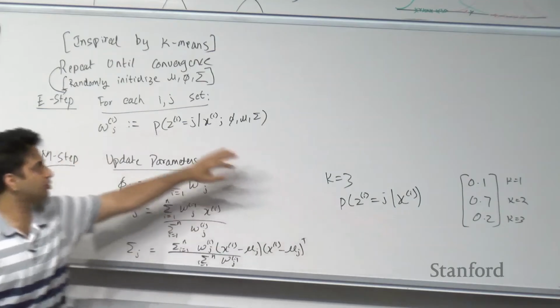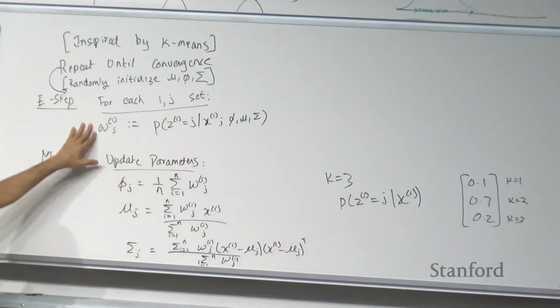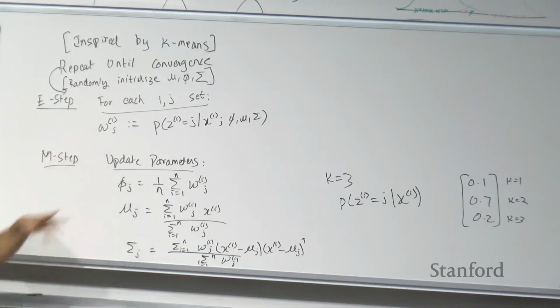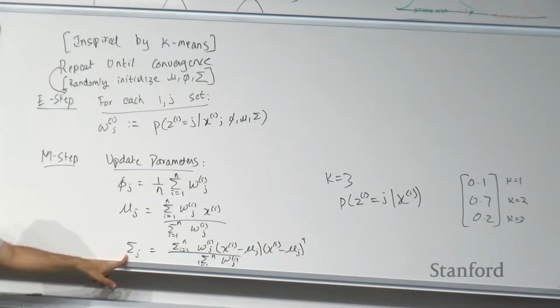Yeah. So for this I would remind you, in the case of GDA, we had calculated a posterior that was very similar, and if you remember, the posterior had the form of a logistic regression. In that case, however, we limited ourselves to two classes, and we also had a constraint that sigma was common to all of them.